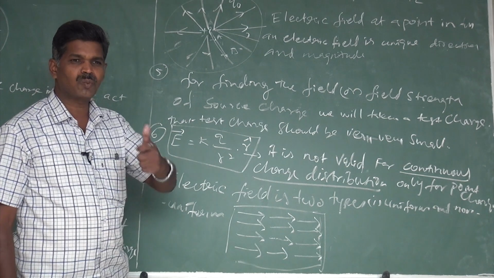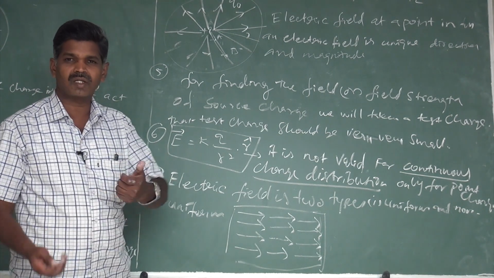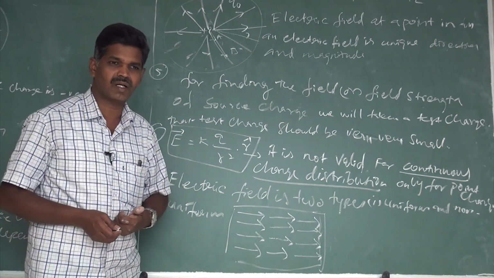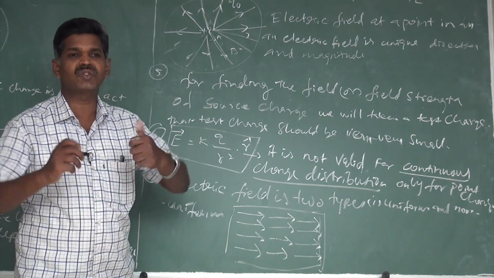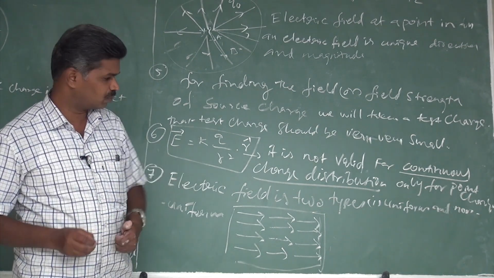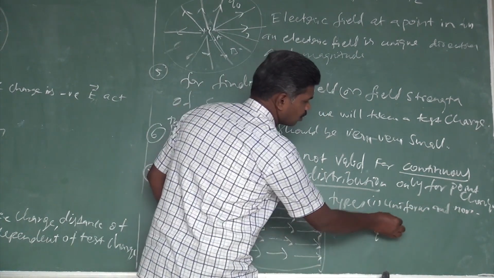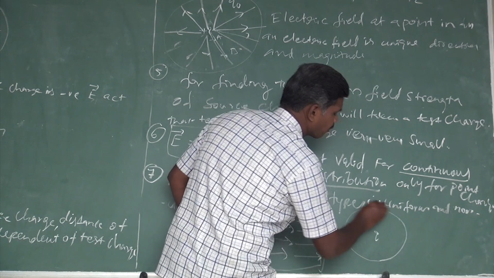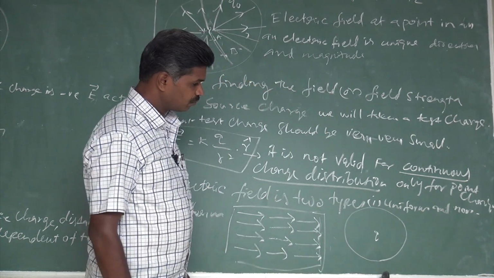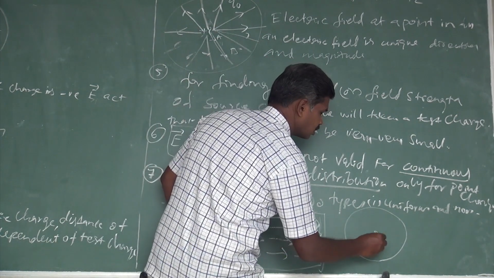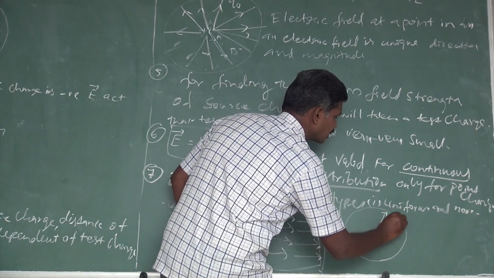Suppose non-uniform electric field: which one can be taken as an example? A point charge can be taken as a non-uniform electric field. Suppose the point charge is Q. Around the charge we have an electric field. If it is a positive charge, the field directions act like this.